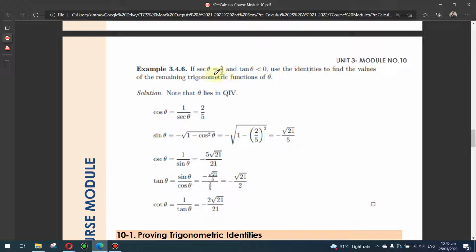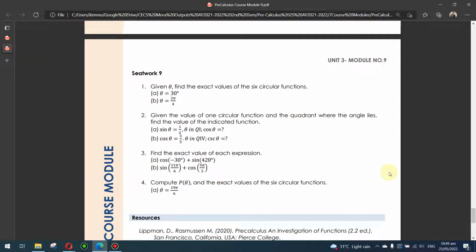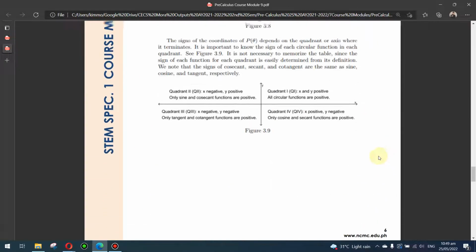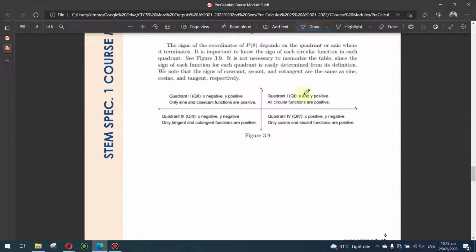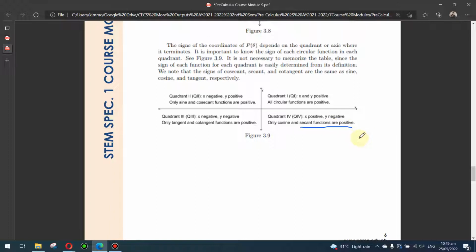So, by the given nga secant theta is equal to 5 over 2. At anong secant daw kay 5 over 2 which is positive. So, recall gani ha kanino naatay tara secant functions are positive. So, naa diri si secant nga positive, which is at the fourth quadrant.